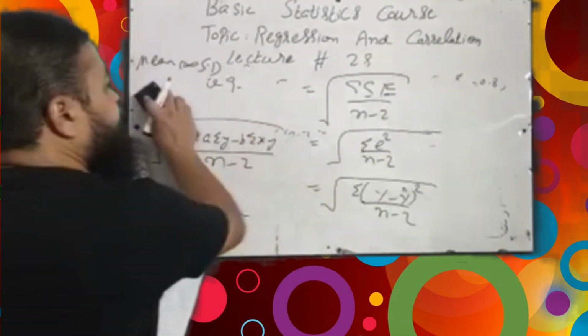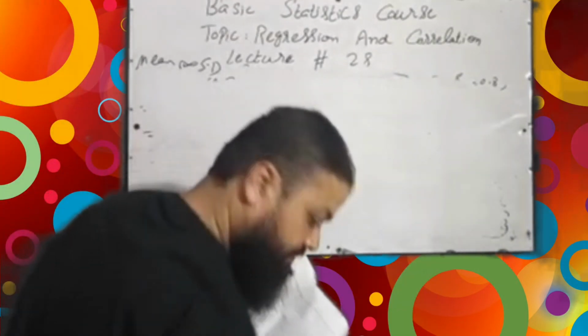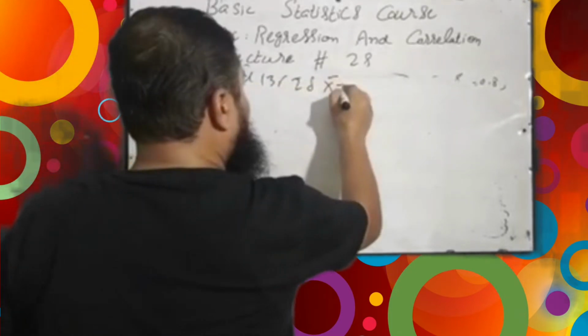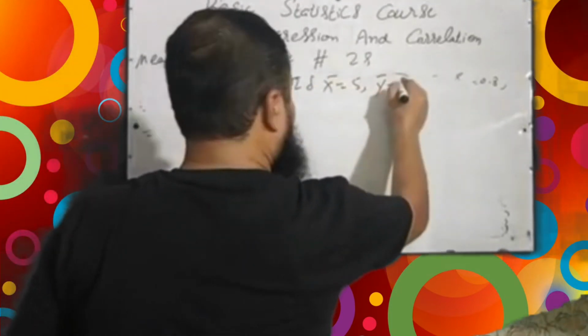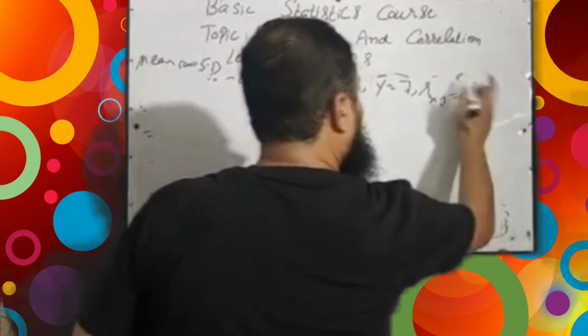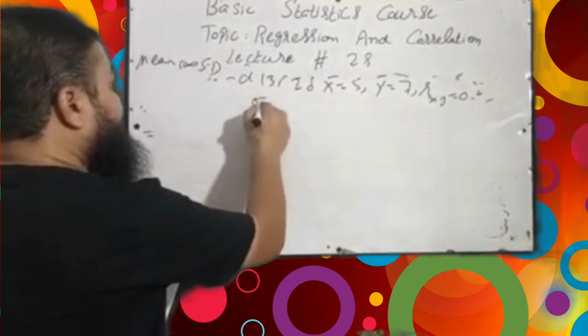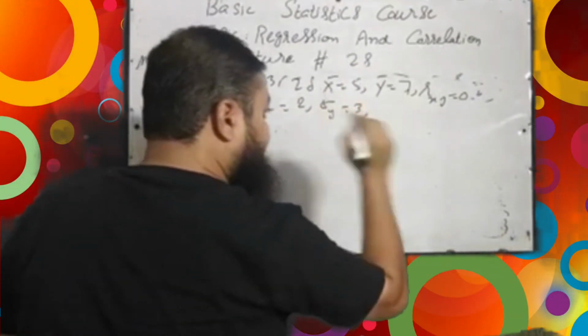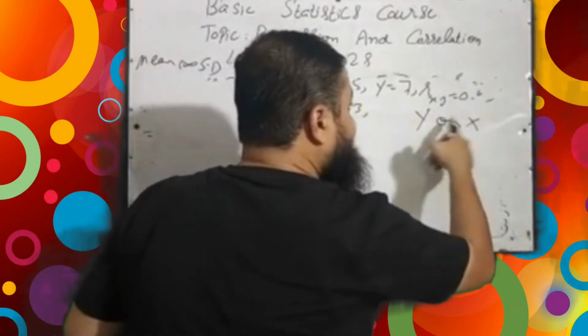Question number 13. If x bar is 5, y bar is 7, r xy is 0.4, sigma x is 2, sigma y is 3, then the regression equation y on x, it is our target.